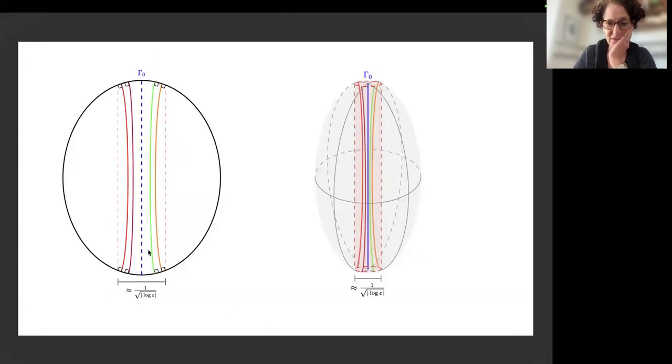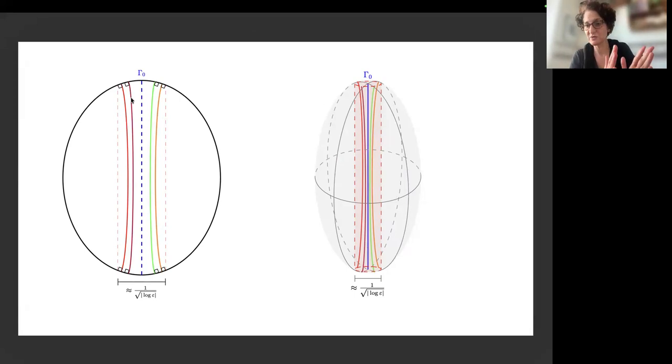So I show you again the picture, right? So this is the gamma naught. This is the length scale, 1 over square root log epsilon, of separation between the curves, which is relatively small. And with these curves coming out perpendicular.